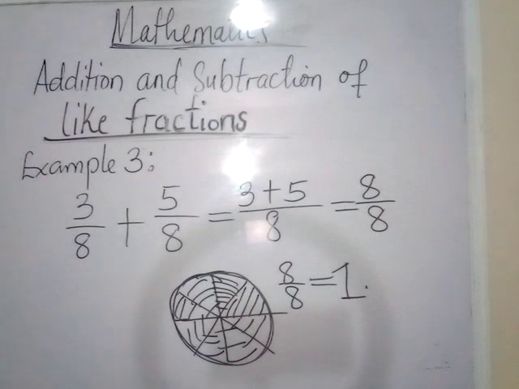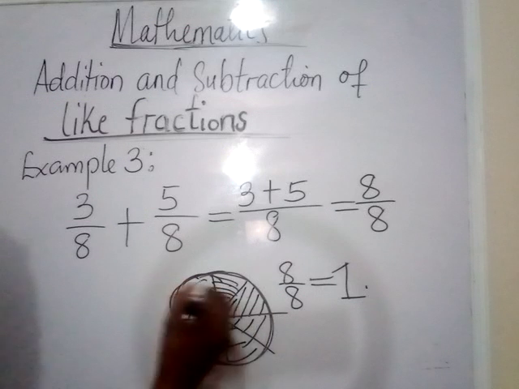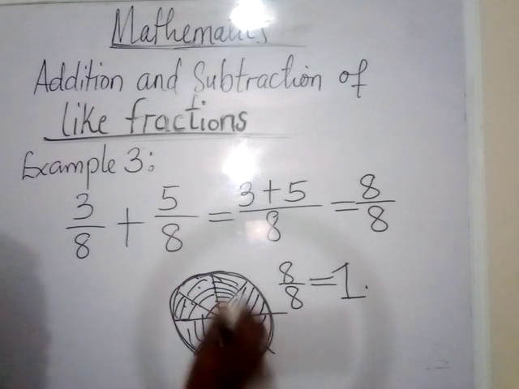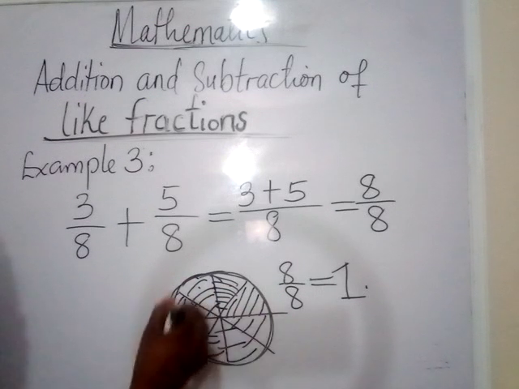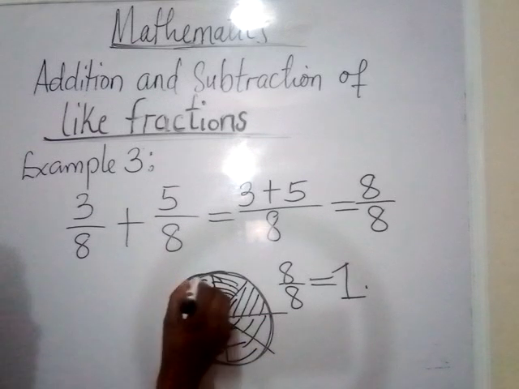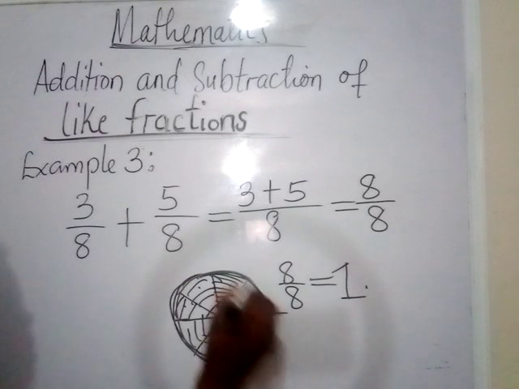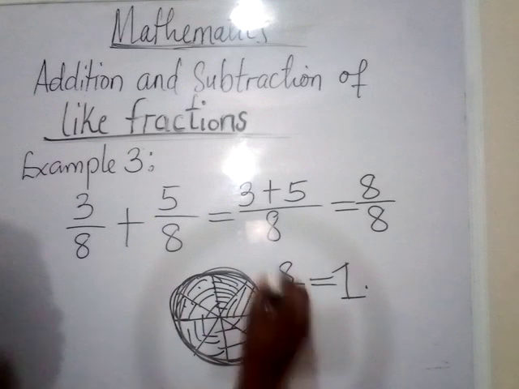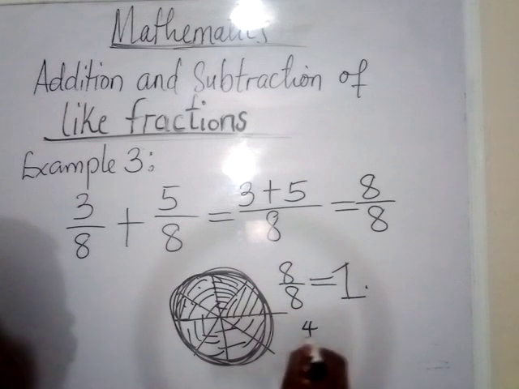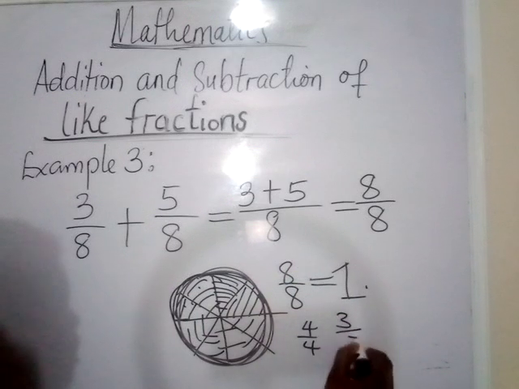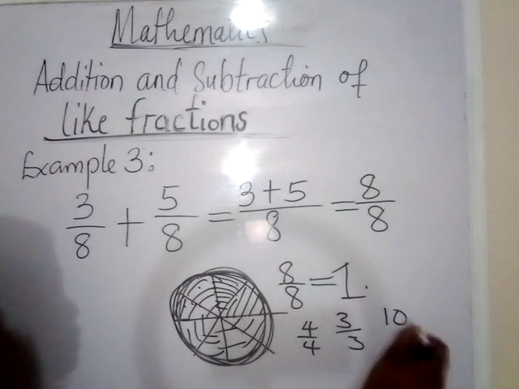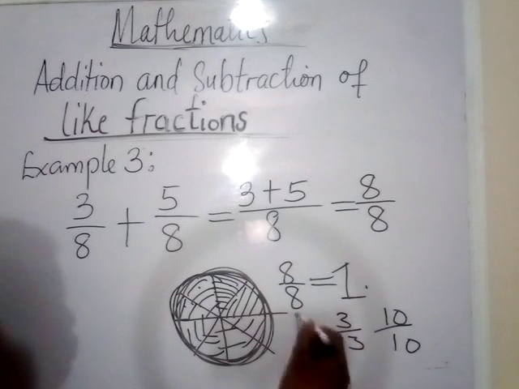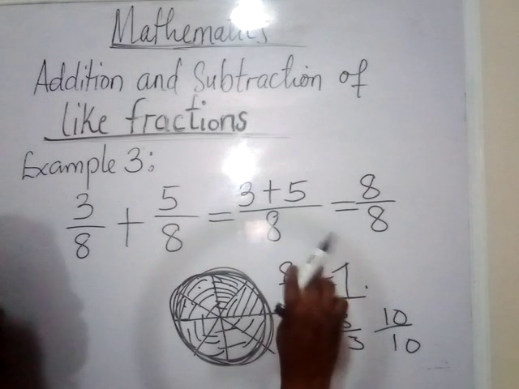Remember, everything here is 8 pieces, and somebody picks the 8 pieces, that means the person has picked all of the pizza. And the pizza is how many? It's a whole, just one whole number. So whenever you have a number over itself, like 4 over 4, 3 over 3, 10 over 10, 8 out of 8, it means 1.